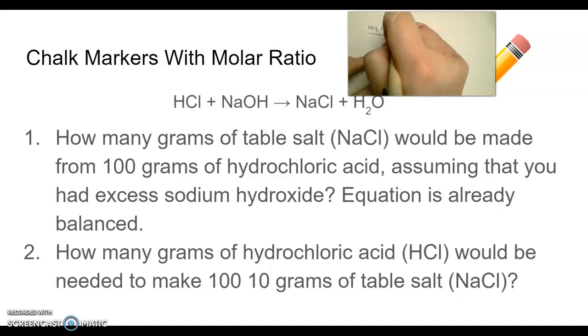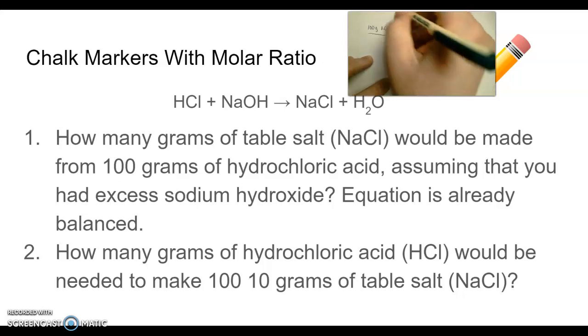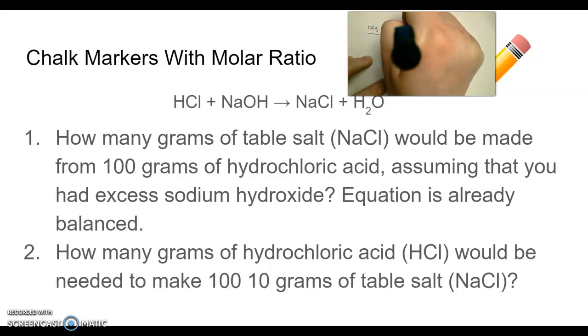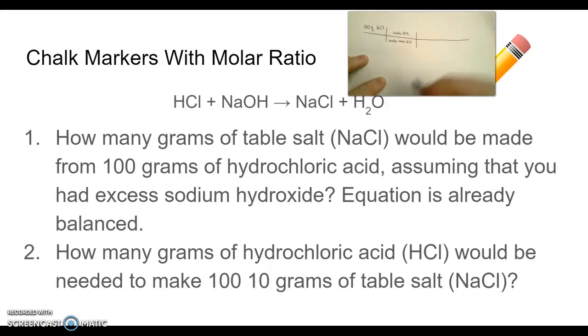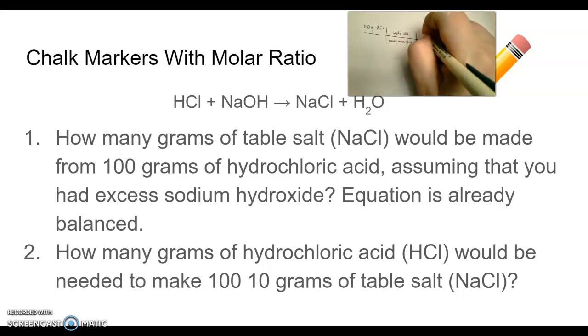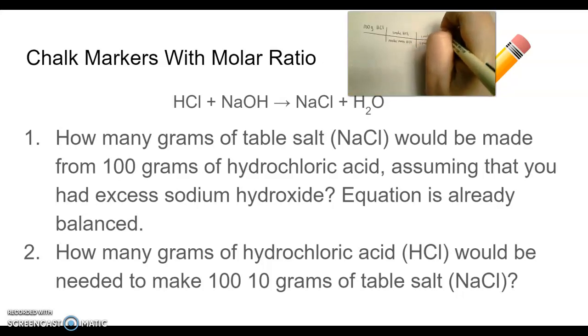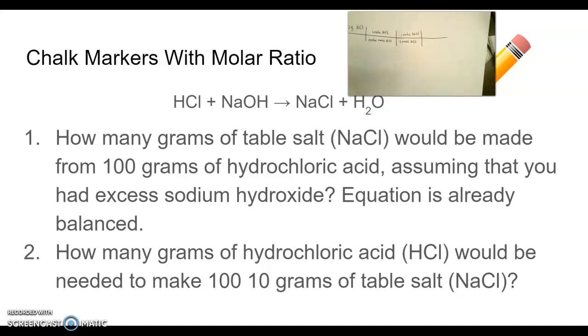The cool thing is, if we use the molar mass of hydrochloric acid, and we know that that's equal to 1 mole of hydrochloric acid, I can use my balanced equation, where 1 mole of hydrochloric acid is equal to 1 mole of NaCl. These numbers are not always 1 to 1, but for this equation they are. And then I can use the molar mass of NaCl that we add up, in grams, okay?